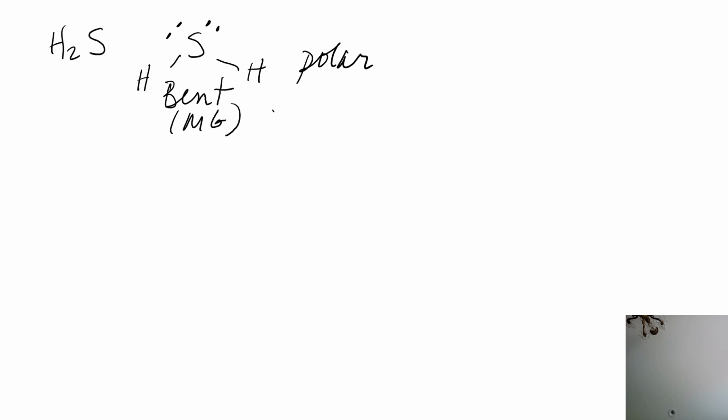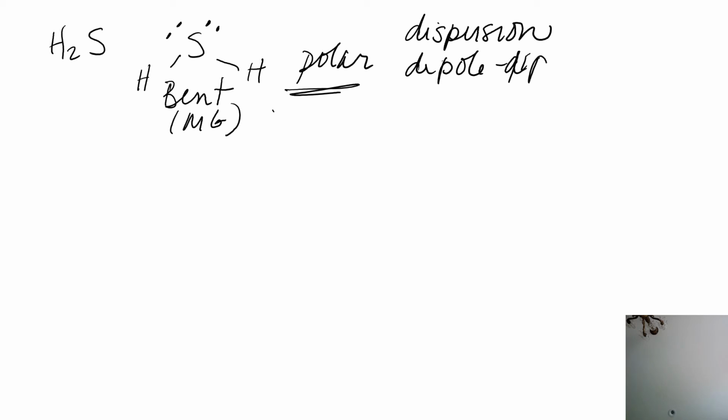And if we were to list the IMFs present, we know that all molecules have dispersion forces, but this is also polar, so it also has dipole interactions, 2 different types.